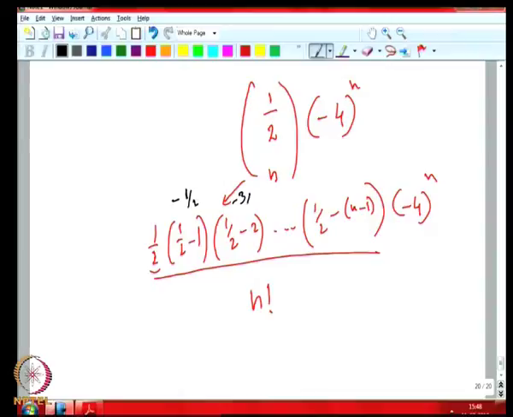So minus 1 by 2, minus 3 by 2. The next will be minus 5 by 2, up to where will we go? This will be 1 minus 2 into n minus 1, that is 1 minus 2n, see, this is 2n minus 2.